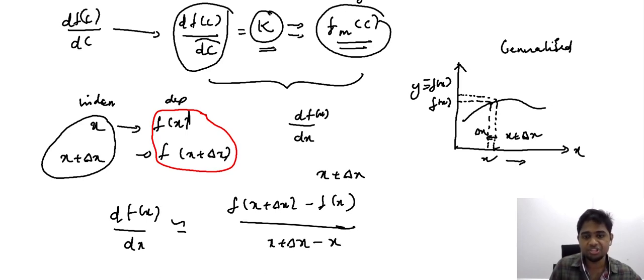So what we have essentially done is we have considered the function at point x, and now we want to see, when I vary the independent variable, how the corresponding dependent variable will change. So for that we have considered a small shift, delta x, and with that shift we were able to find the corresponding f of x plus delta x.